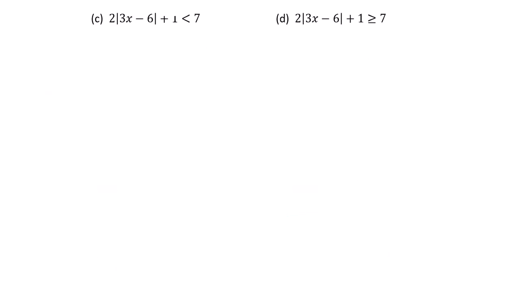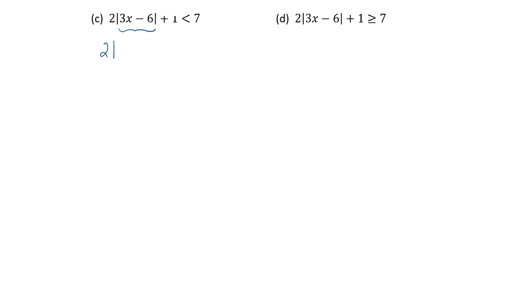Let's work a couple of similar problems here. Now these are much more involved absolute value inequalities, but our strategy remains the same. We want to isolate the absolute value the same way that we did with equations. So let's go ahead and subtract 1 from both sides here.